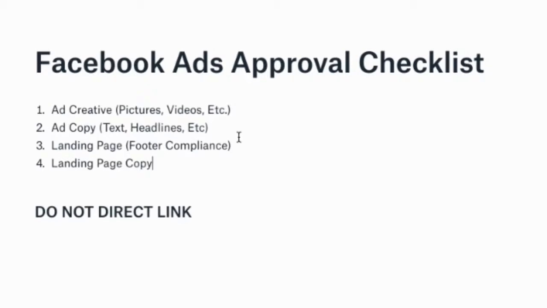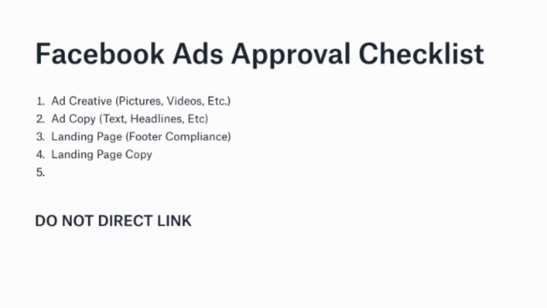Then the last step. If you switch up the landing page copy and you still don't get your ads approved, then the next step would be, okay, what is your second link? Sometimes Facebook will even go as far as, let me give you guys an example.